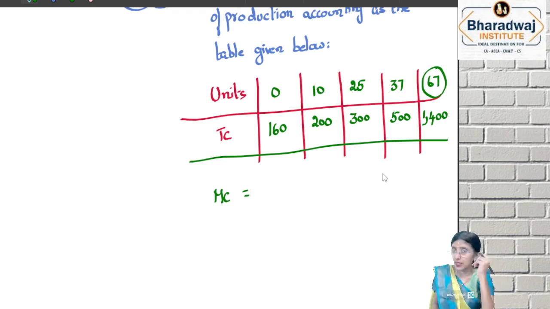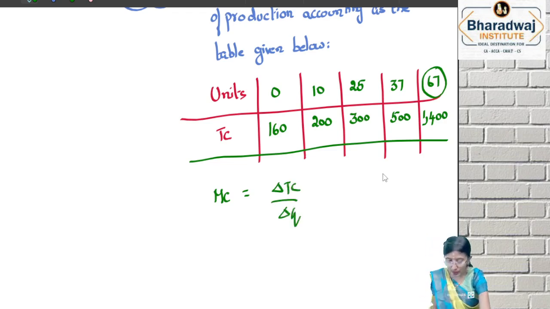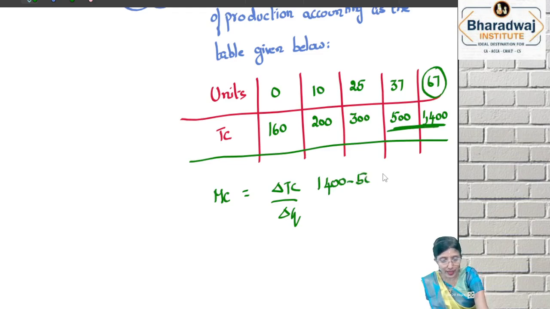What we did in TVC and AFC, right? What is the problem here? Here it is delta TC by delta Q. I just have this in mind. Now delta TC, change in the TC: 1400 minus 500.